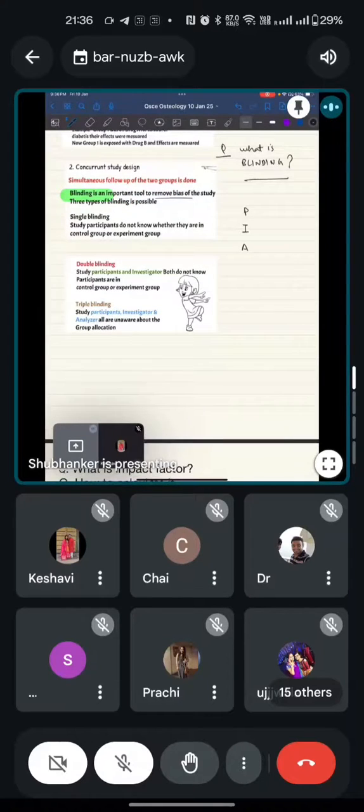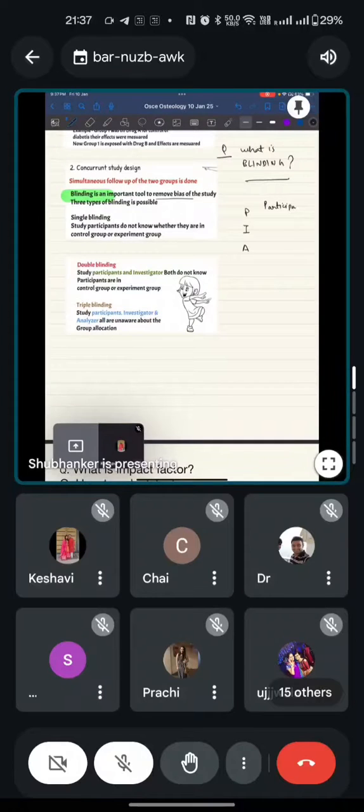P, I, A. In the first one, the participant is blinded, meaning the participants don't know which group they are going to be in. In I, both participants and investigator are blinded; neither knows which is in the experiment group and which is in the reference group.